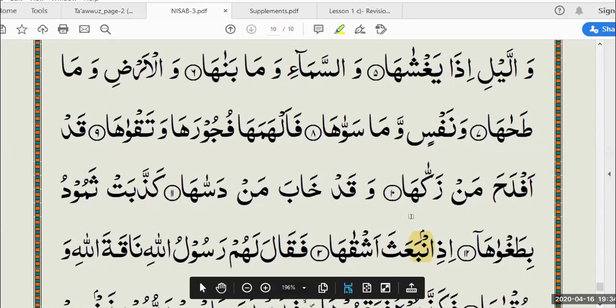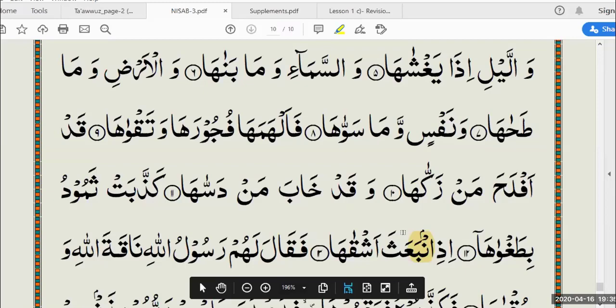We have to do a light nasal sound for at least 2 seconds. So idhim ba'atha. Izim ba'asa ashqaha. Keep the Mim sound in for 2 seconds and do a light nasal sound. Idhim ba'atha.